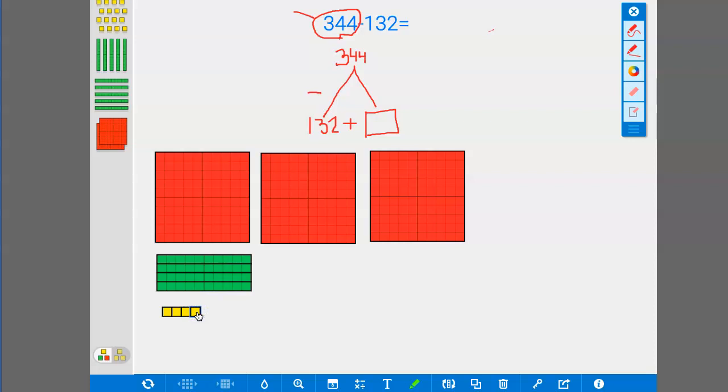Okay. So I'm going to ask some questions and figure out if there is or isn't any ungrouping in this problem. Can I take 2 away from 4? I can. Can I take 3 tens away from 4 tens?